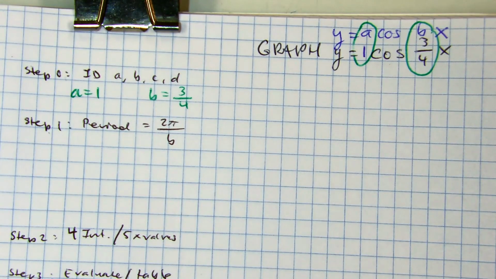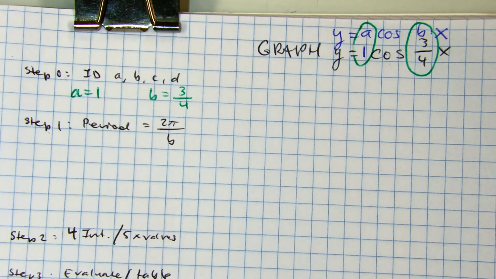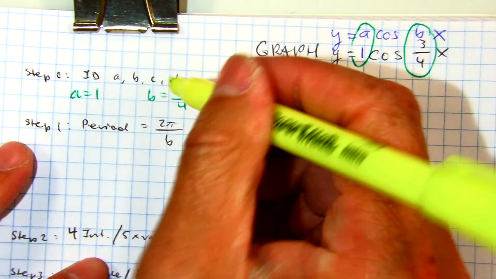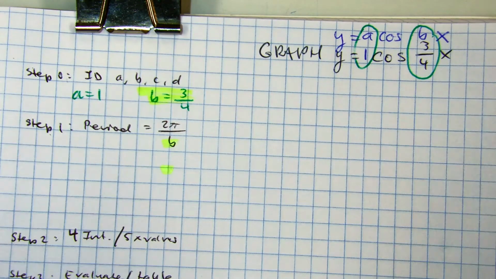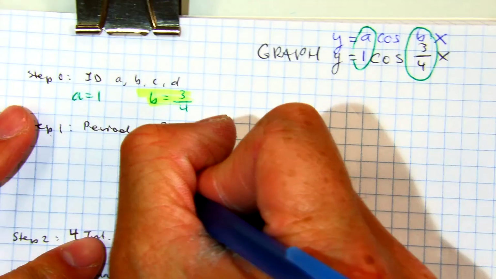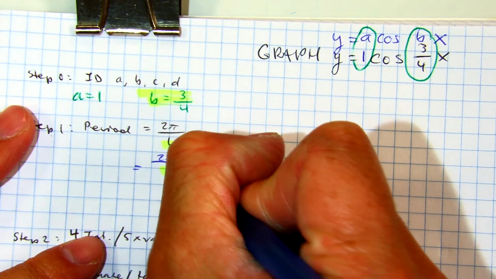Cameron, step number 2. Wait up. 2 pi over 3/4.